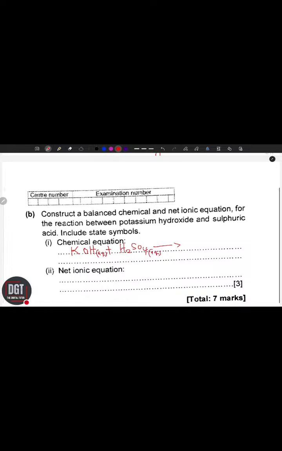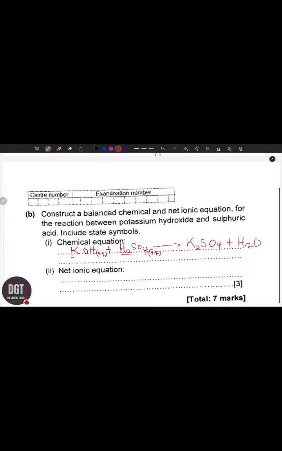Like I said, potassium is a metal that is more reactive than hydrogen, so it will displace hydrogen, and this reaction is a neutralization reaction. Potassium has a valence of 1, and sulfate has a valence of 2 as a radical, so it's going to be potassium sulfate, plus water, H2O.